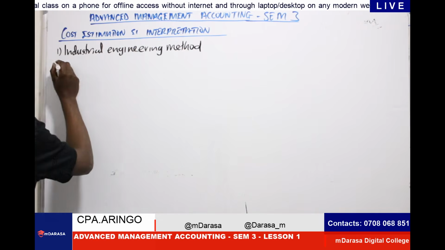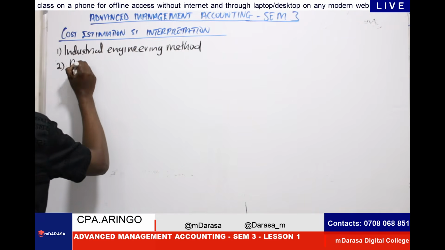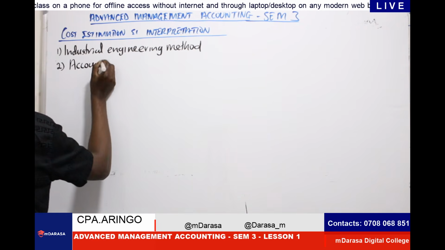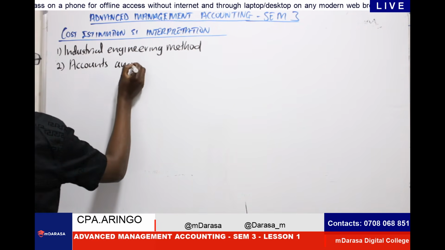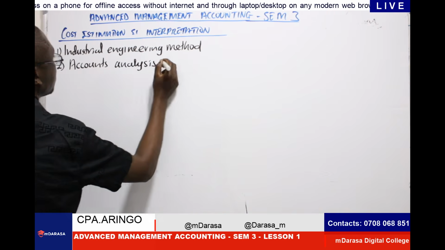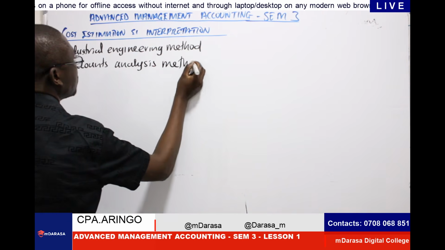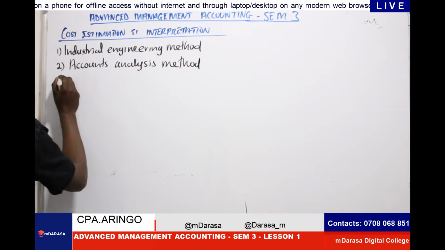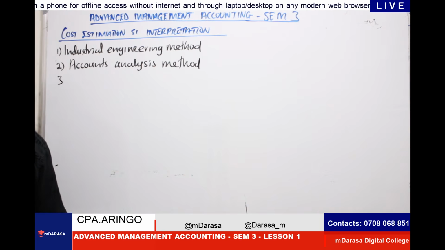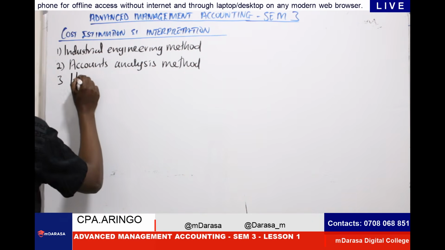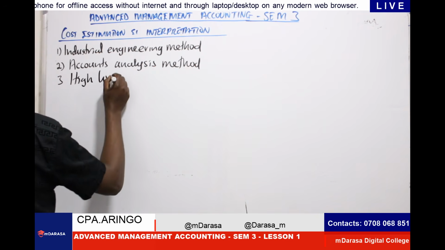Number 2, we normally talk about the accounts analysis method. Number 3, we consider the high-low method.